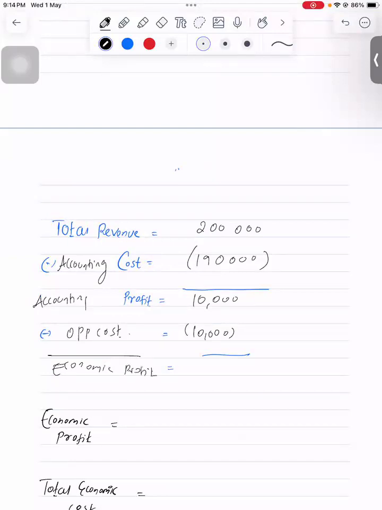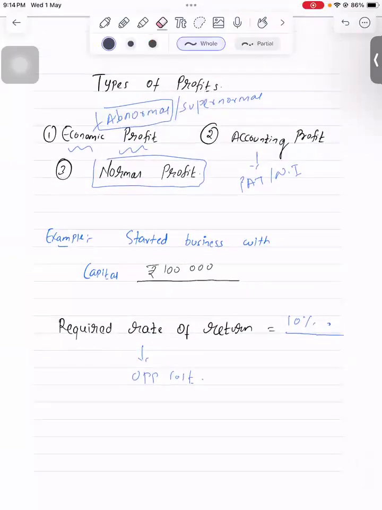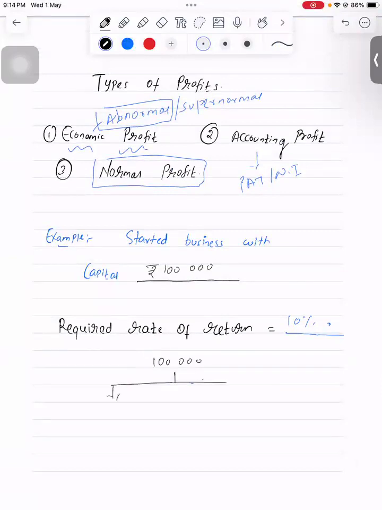So in this case, your economic profit is coming 0. Okay, economic profit is 0. Now, what is opportunity cost? You can think in this way. Let's say you already have 1 lakh with you and you have two choices. Either to invest this 1 lakh in bank FD. Let's say from bank FD, you can easily make 10%. Or second option you have, you can start a business.